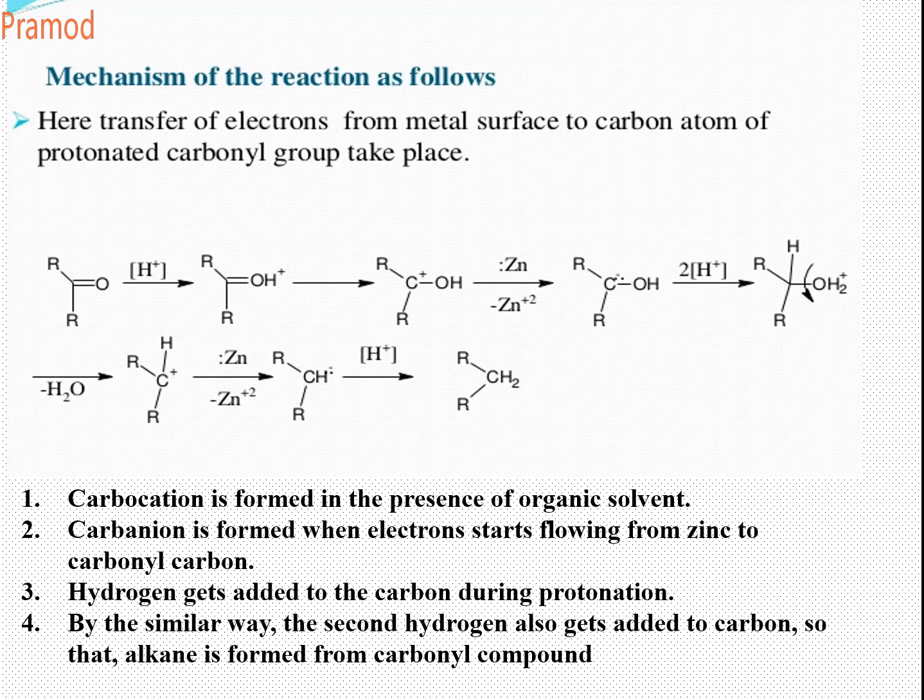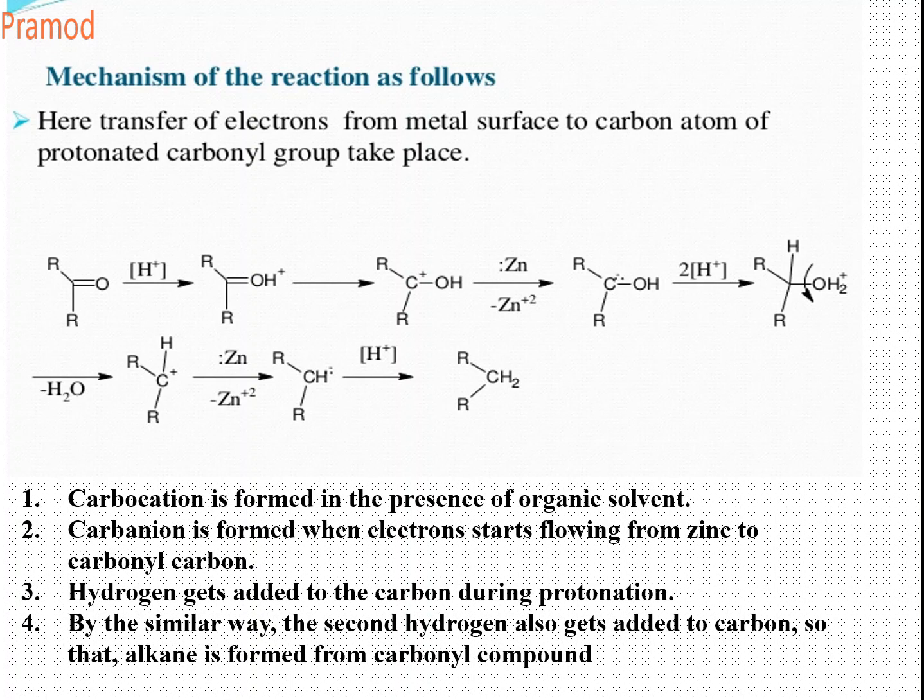Okay. Now what is the next step? The reaction takes place in presence of zinc amalgam. Now this zinc donates 2 electrons to your carbocation to form a carbanion. Okay. So this zinc metal donates its electron to your carbocation to form a carbanion.